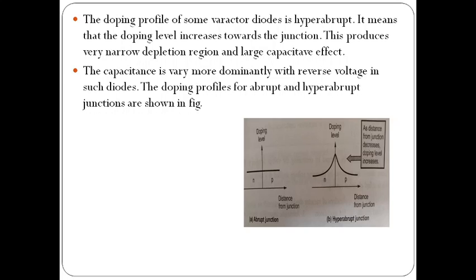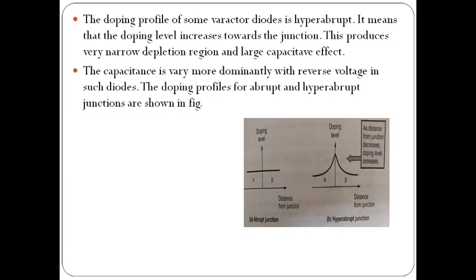The depletion region forms at the junction. So when doping is more, the depletion width is very small. For the narrow depletion region width, it offers the larger capacitive effect or larger transition capacitance. This capacitance varies more dominantly with reverse voltage in such diodes.